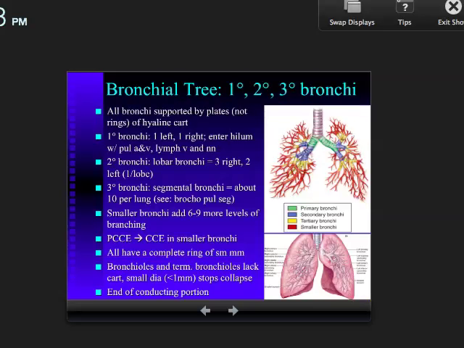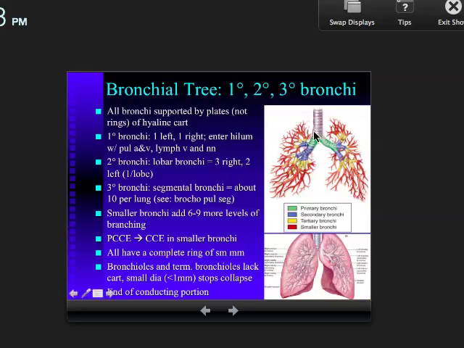I'm a little confused, because I know you said the right side is a little bit more vertical than the left side, and that's showing that there's 3 on the right and 2 on the left. But the left side looks like it's more vertical.